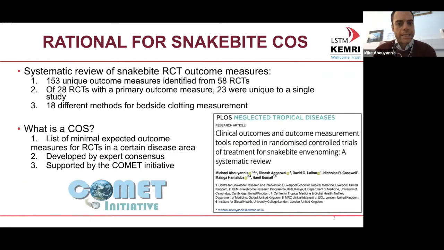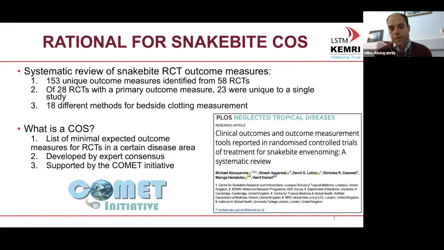So why is a core outcome set needed for snakebite randomized controlled trials? To confirm the answer to this question, we started by conducting a systematic review to look and see how much heterogeneity there is in outcome measures. And across 58 therapeutic RCTs in snakebite, we identified 153 unique outcome measures.